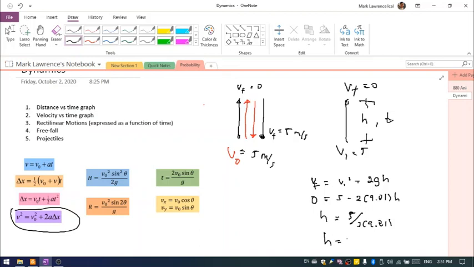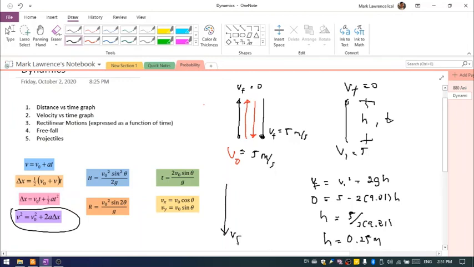So our height is 0.25 meters. So it only reaches 0.25 meters height.